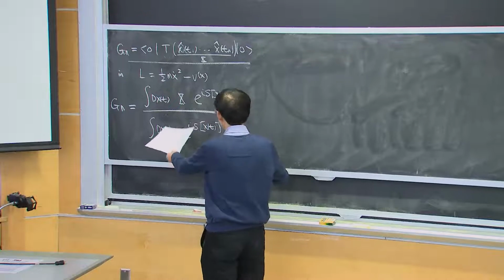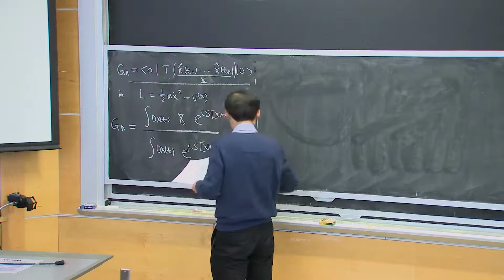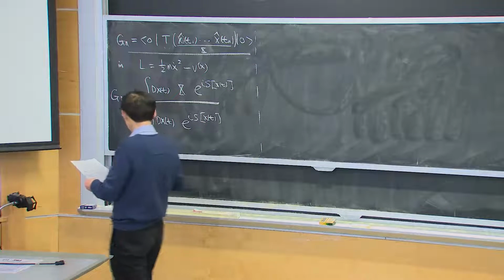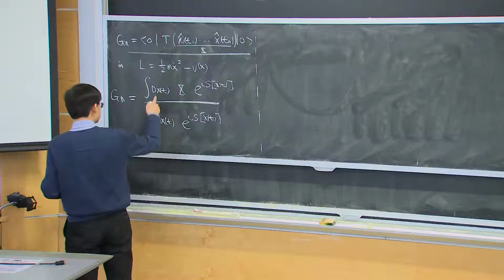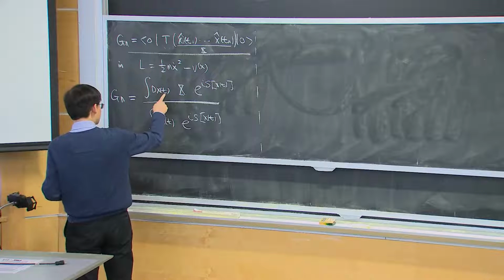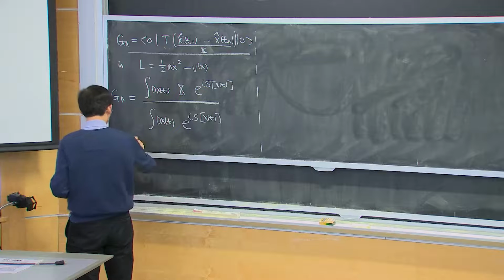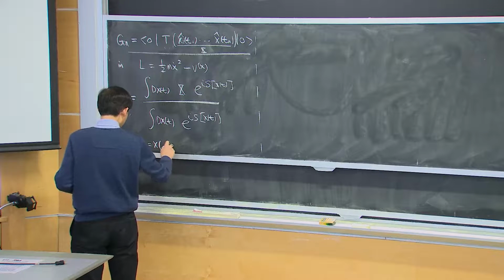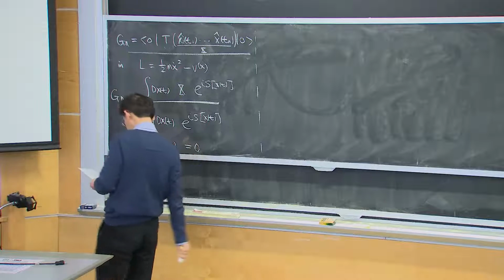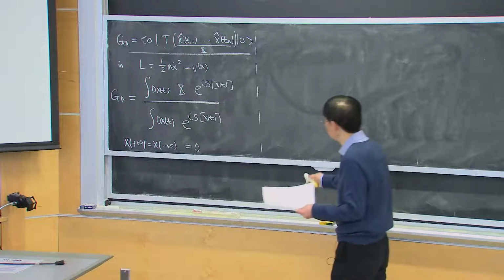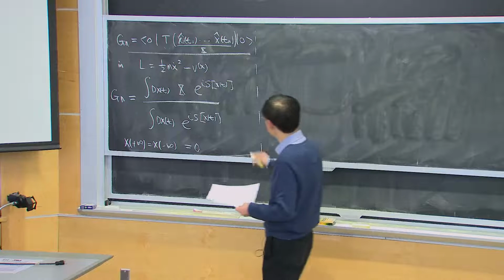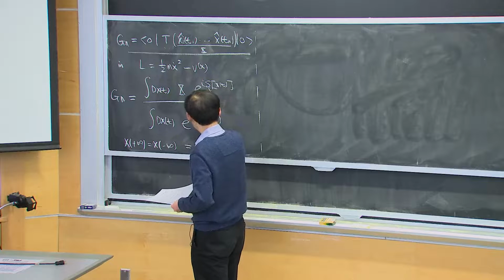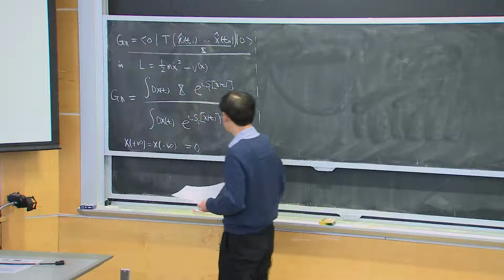Here I didn't write the upper limit and lower limit. It should be understood that the boundary condition for both path integrals is that the time range is from minus infinity to plus infinity, and we can choose the value of x at both ends to be 0.